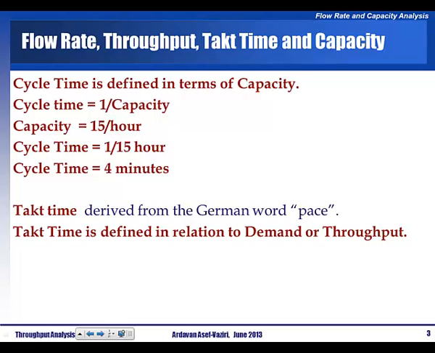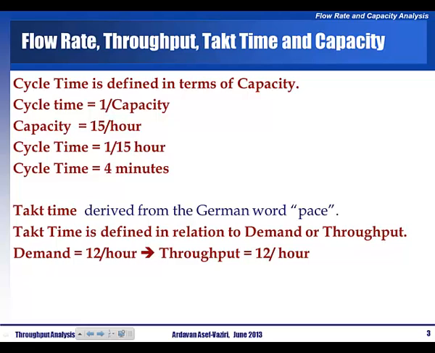Takt time is not defined in terms of capacity, it is defined in terms of demand and throughput. And throughput is always less than capacity. If throughput is always less than capacity, then takt time is always greater than cycle time.